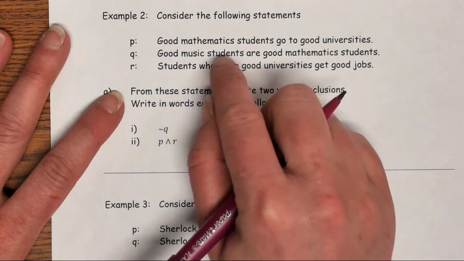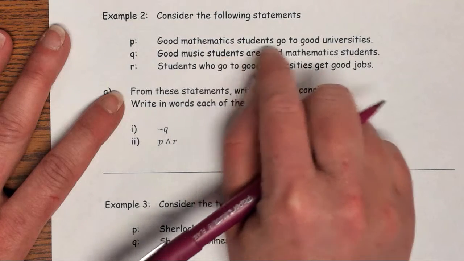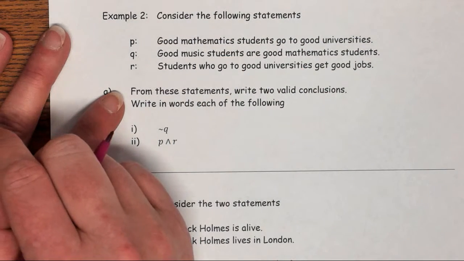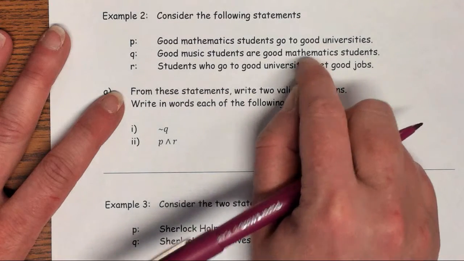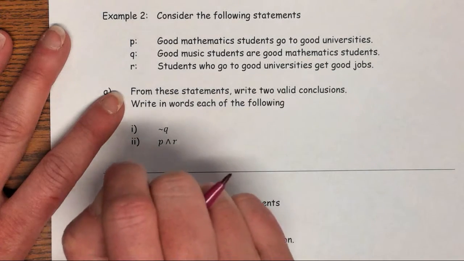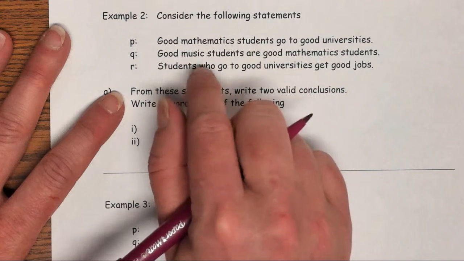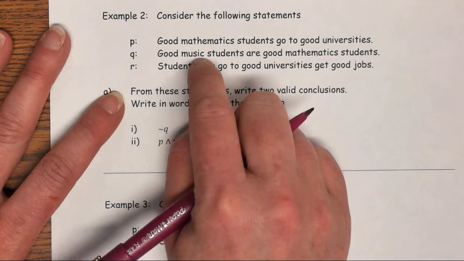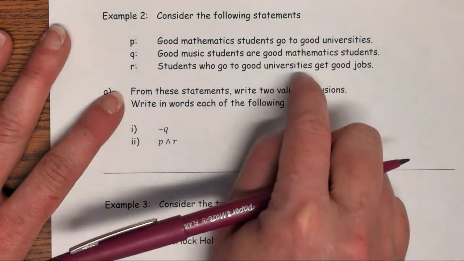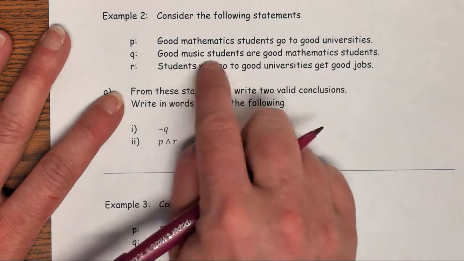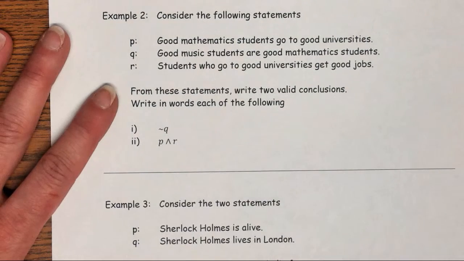Well, you could connect the first ones and say good music students go to good universities. You could also say good math students get good jobs. Or couldn't we connect all three? Good music students make good math students who go to good universities who get good jobs. So couldn't you say good music students get good jobs?